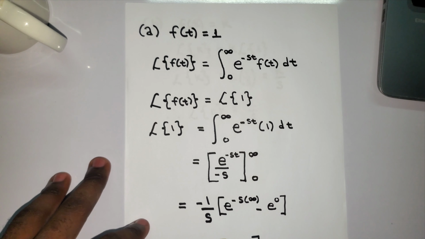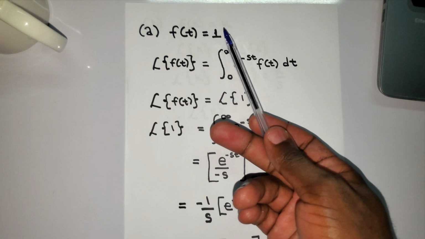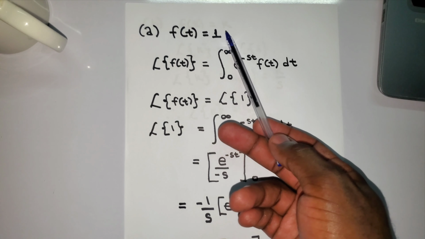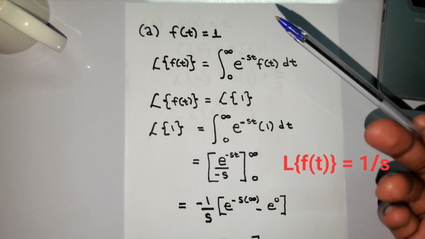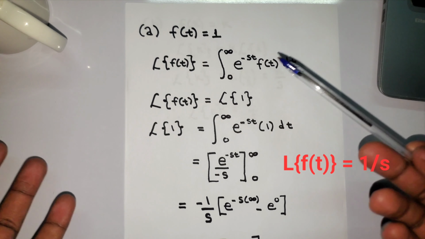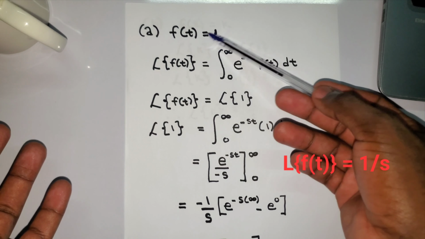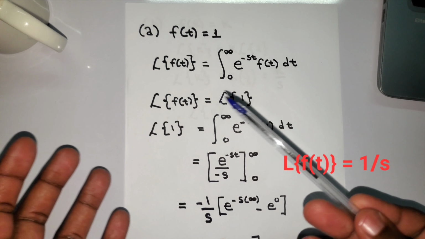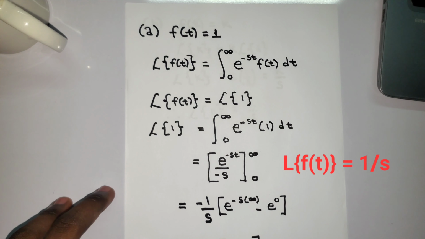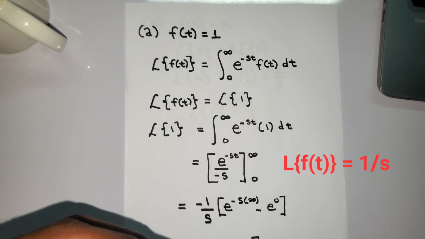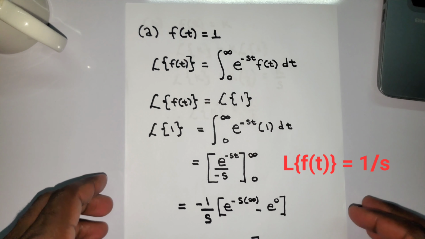That's how we end up with this. Finally, the Laplace transform of this function, which is simply a 1, is 1 over s. The key takeaway is that whenever you are taking the Laplace transform of f of t is equal to 1, its Laplace transform is 1 over s. That's the thing that you need to always remember from what we've just talked about.